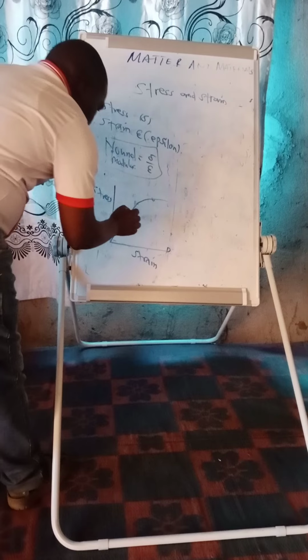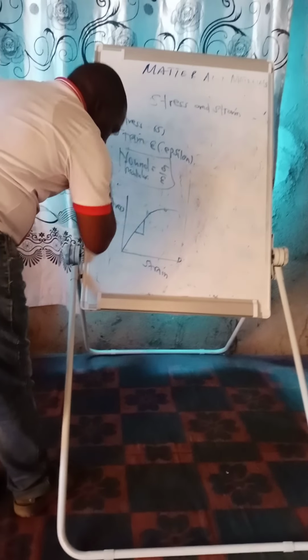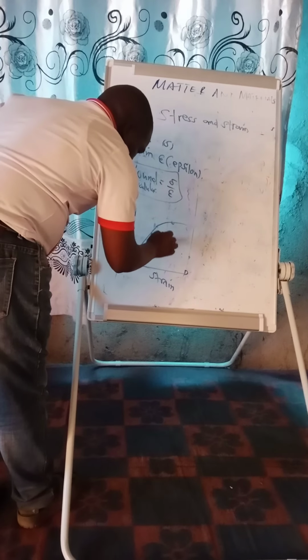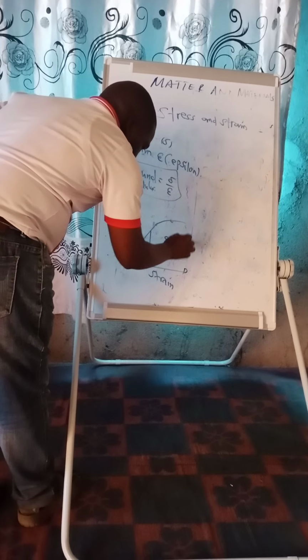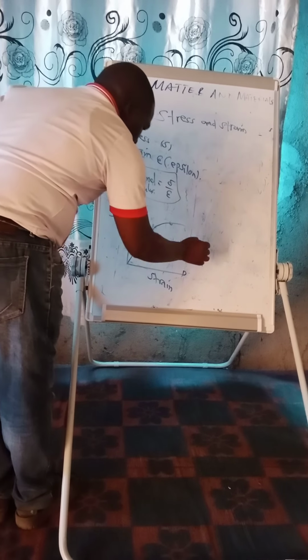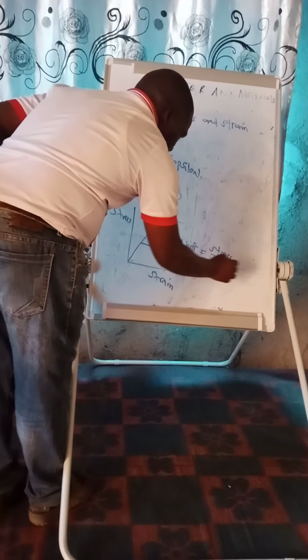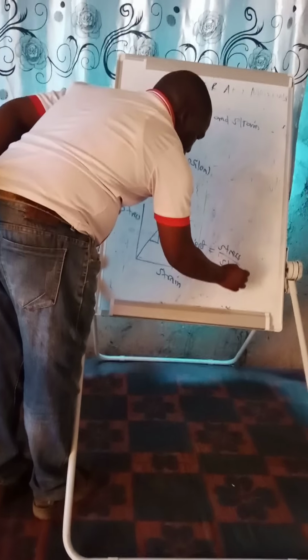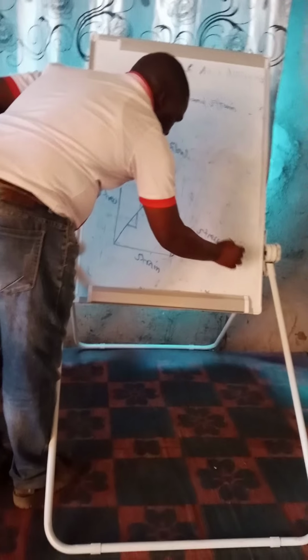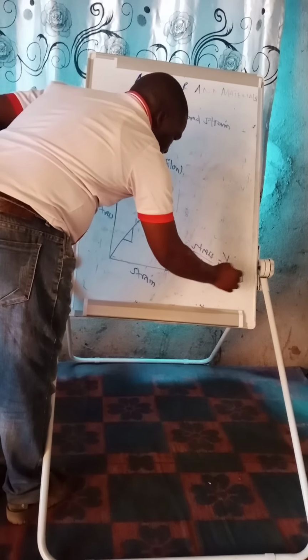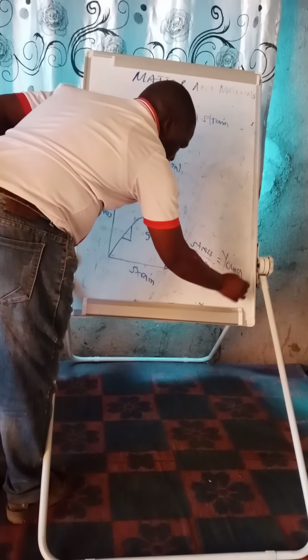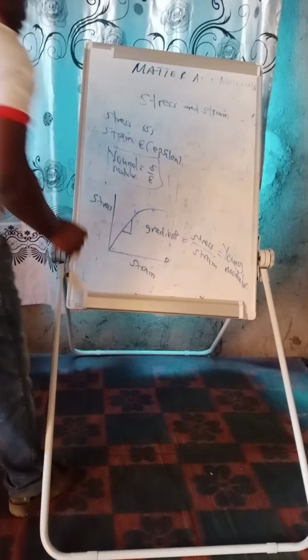If you find the gradient for this graph, it is the change in stress over the change in strain. So the gradient is equal to Young modulus.